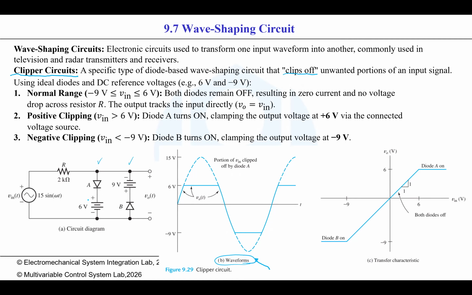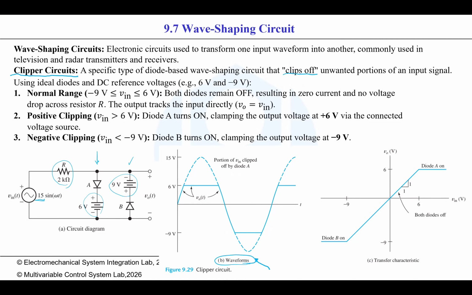It also has DC voltage sources, 6 volts and 9 volts, and their polarities are also opposite. If the input is 15 sine omega t, and it goes through a resistance, let's focus on this branch.